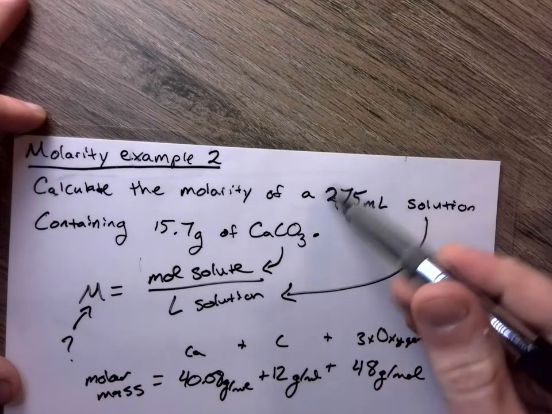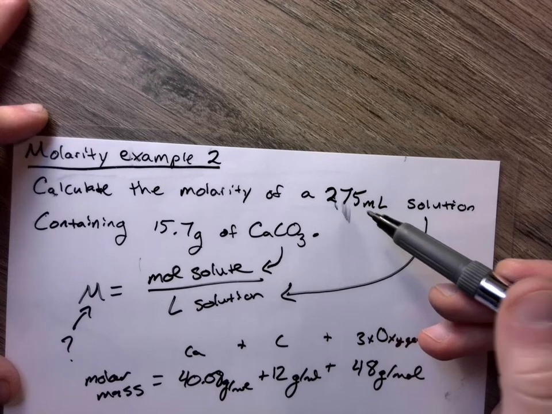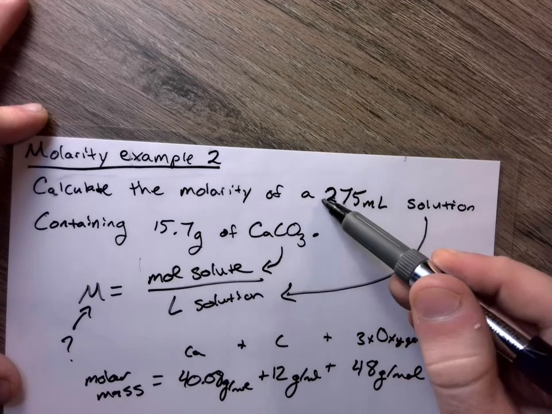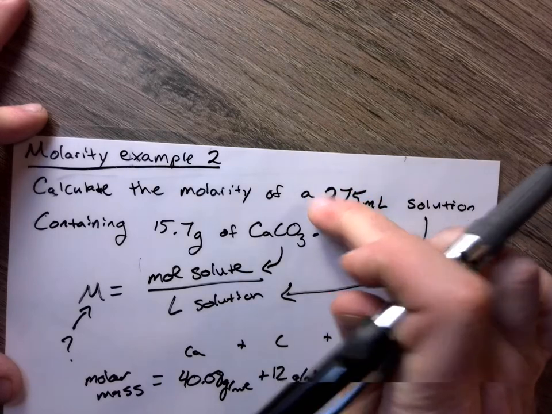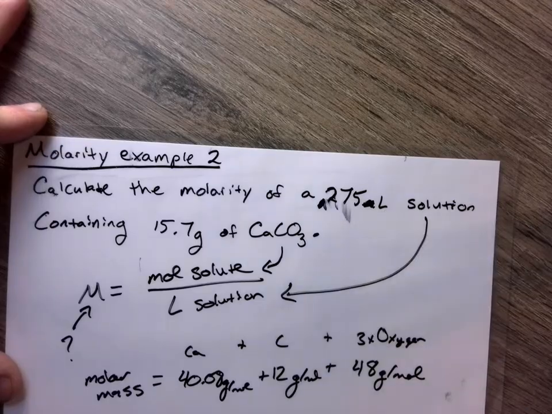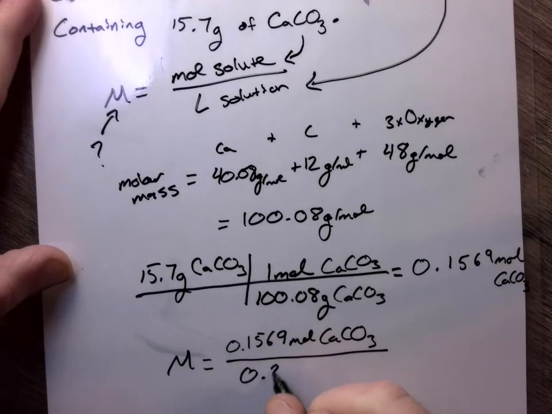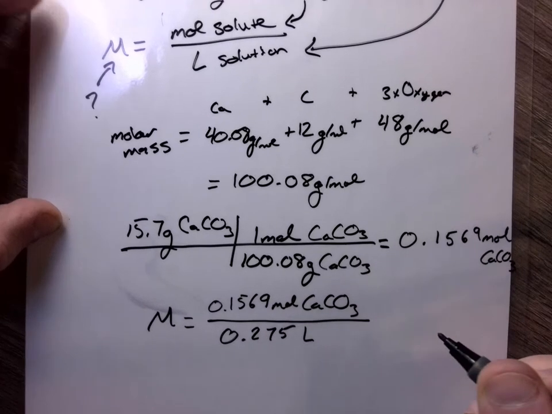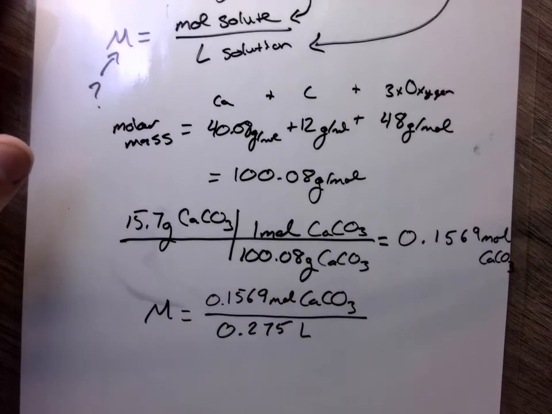But that just means I'm dividing milliliters by 1,000 to get liters. So 275 over 1,000 means that my decimal point is in front of the 2. So 0.275 liters of solution. Then I just do my calculation.